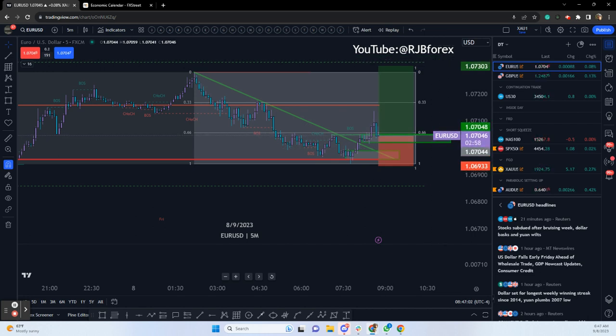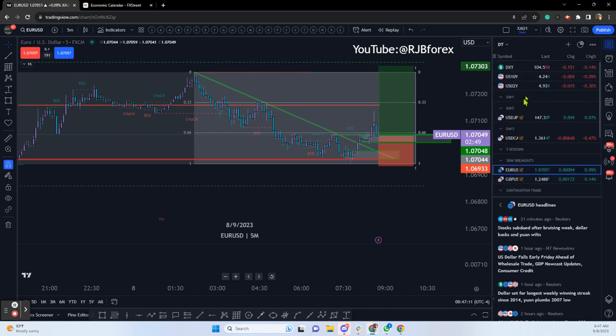Any other pairs? Right, with 8 consecutive bullish weeks for the Dixie, is it getting too overcrowded with dollar longs? How far can it still go? Good question. Let's have a look.